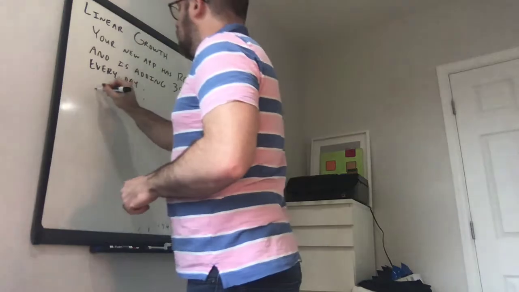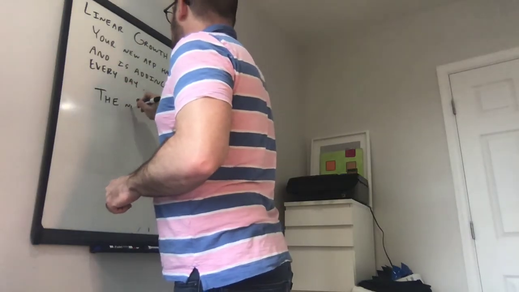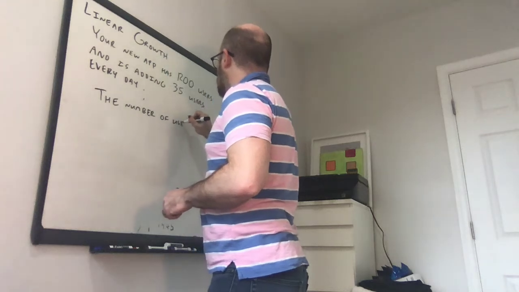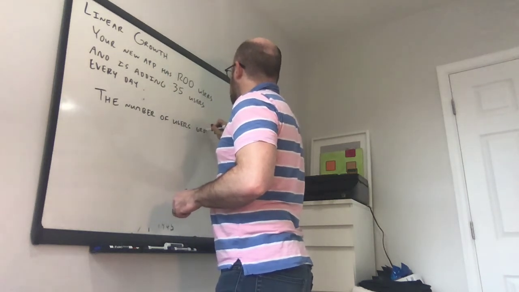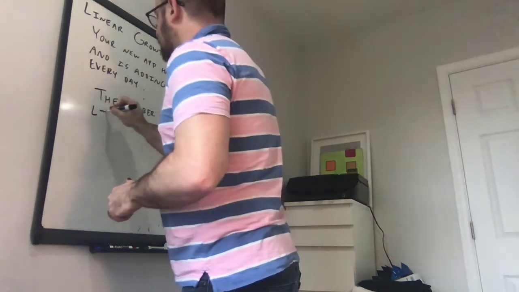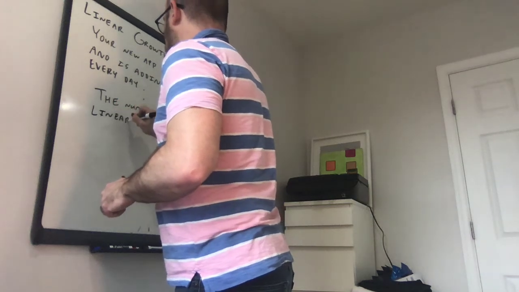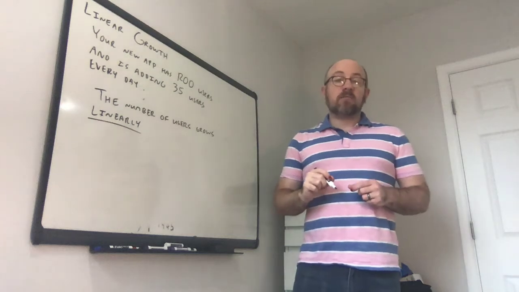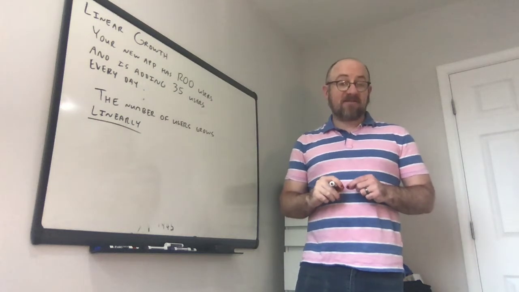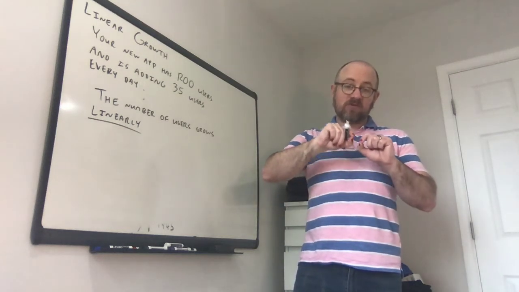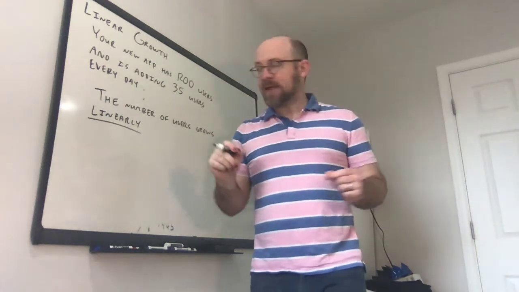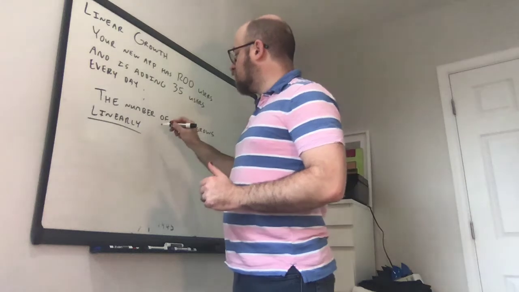So the number of users grows linearly. And for those of you who remember some of your algebra material, if you graph the number of users, the graph would be a straight line. Okay, so that's why it's linearly.